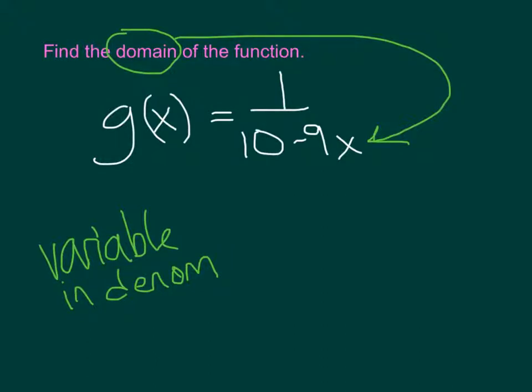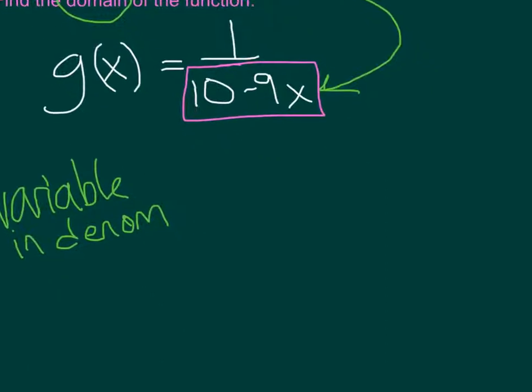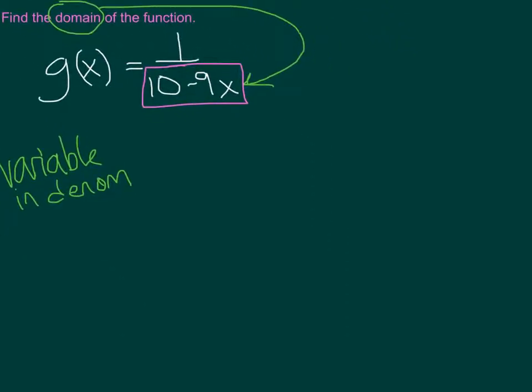What we want to avoid is this denominator equaling 0. So we say that 10 minus 9x, we're not concerned about the numerator because the numerator can be anything, but this denominator cannot be equal to 0.